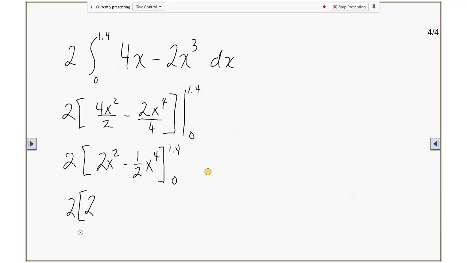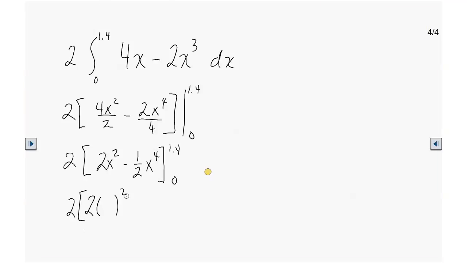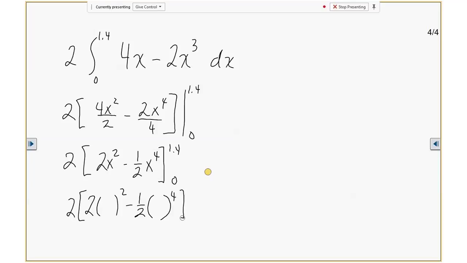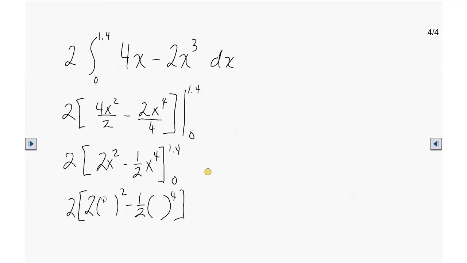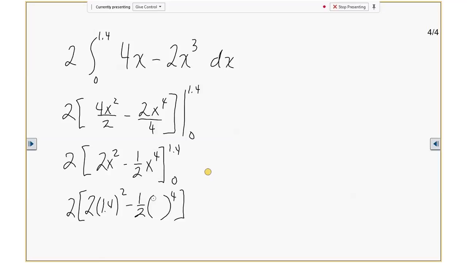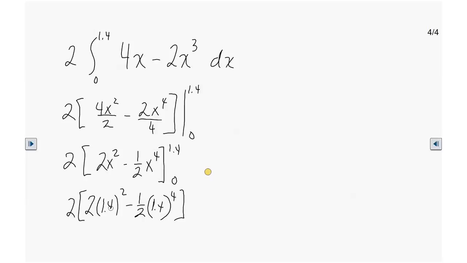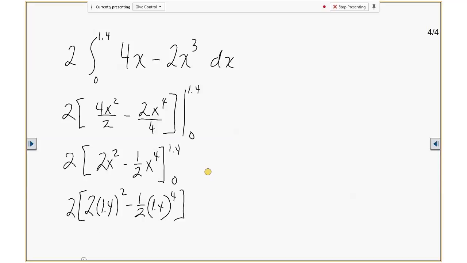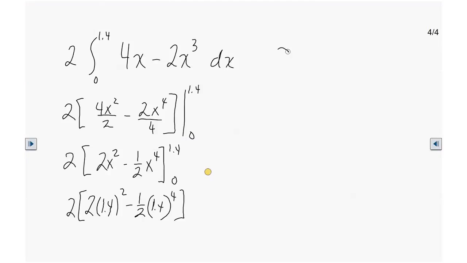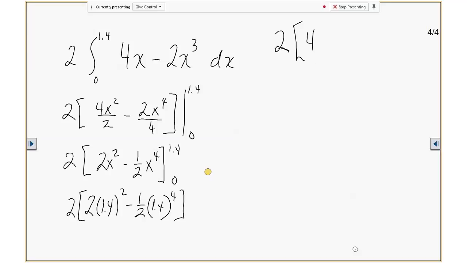2 parentheses squared minus 1/2 parentheses to the 4th, and put your 1.4 in here, and 1.4 in here. You know that 1.4 squared is 2, don't you? So that's going to be 2 times 2 is 4, so that's 2. That's going to give you 4 minus 1/2 of 1.4 to the 4th power.